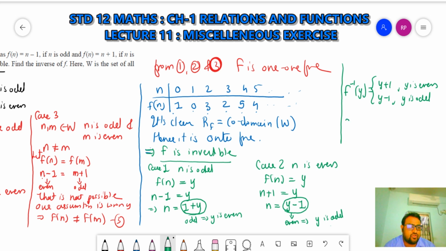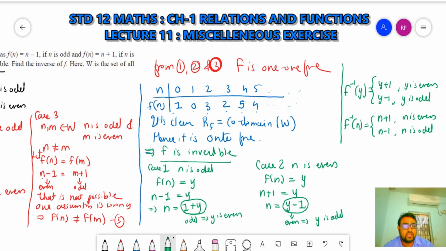Or else I can write it in this way, f inverse of n equals n plus 1 when n is even, n minus 1 when n is odd.